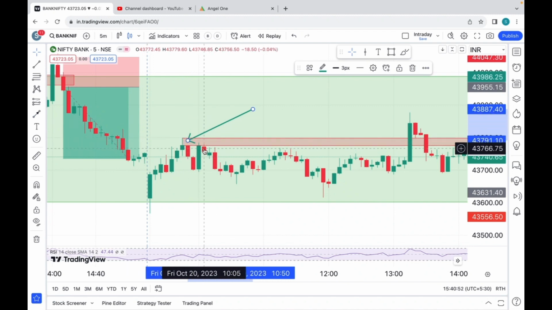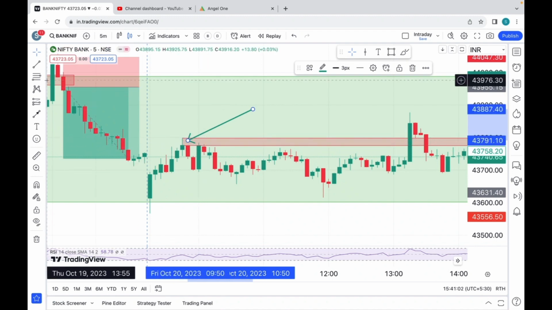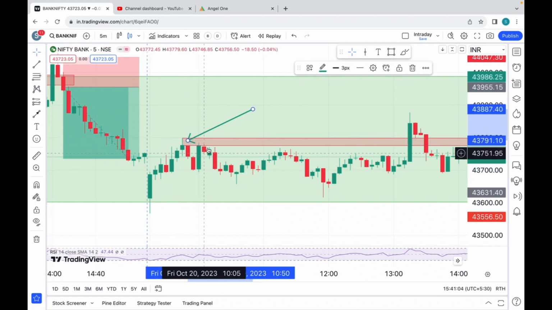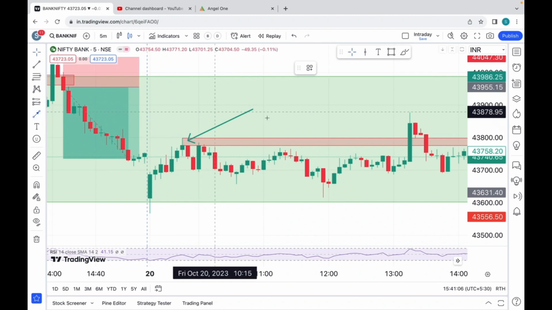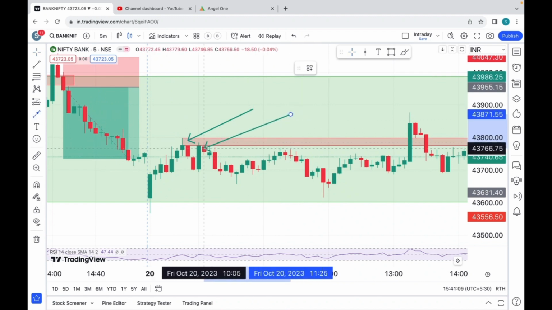Prices have rejected from there and closed below that resistance zone when the prices came to this area to test it for the second time. After this, it has formed an inside candle, also a harami candle. So now we have two reasons. One is this resistance area, the second one is this.